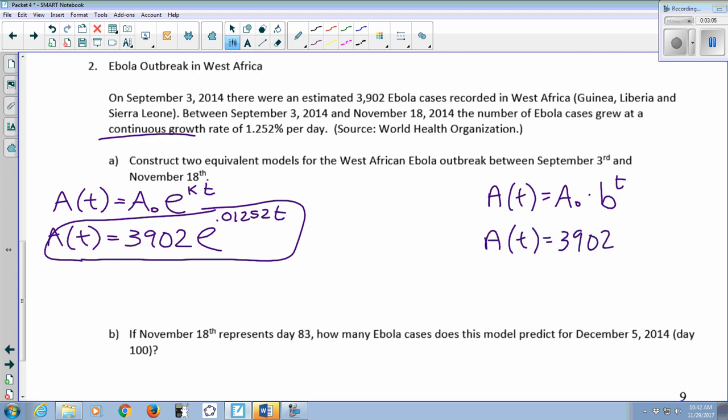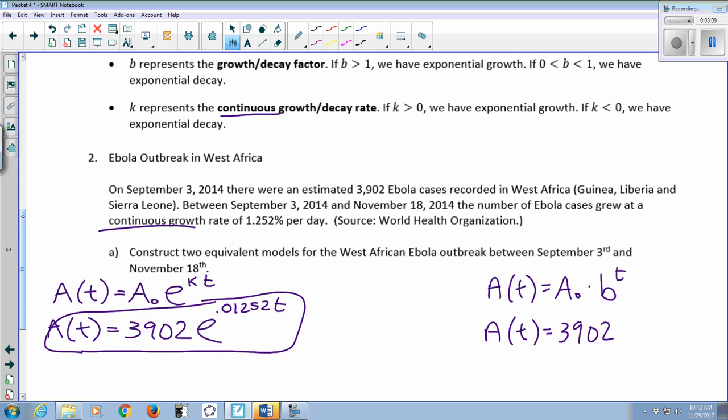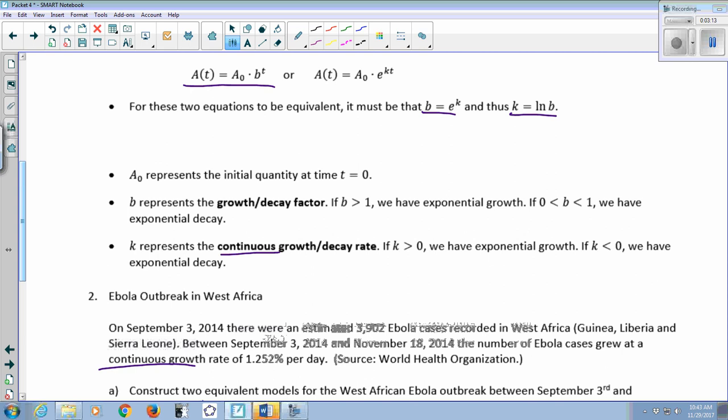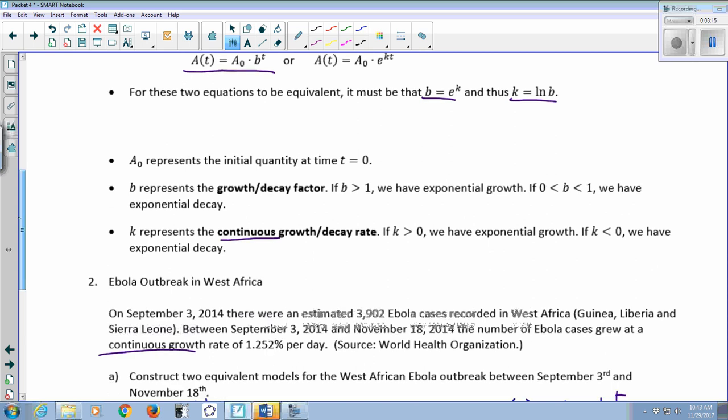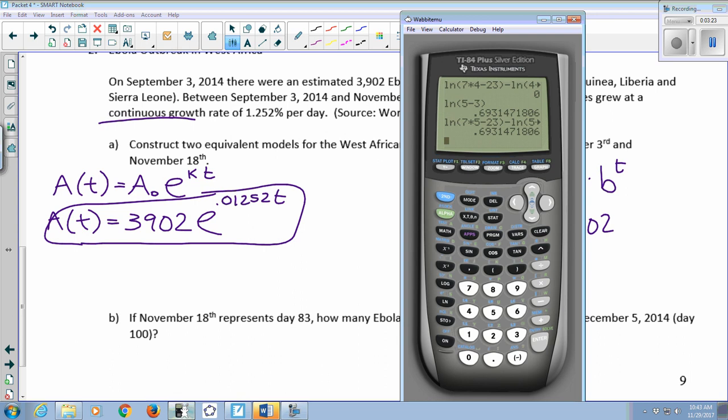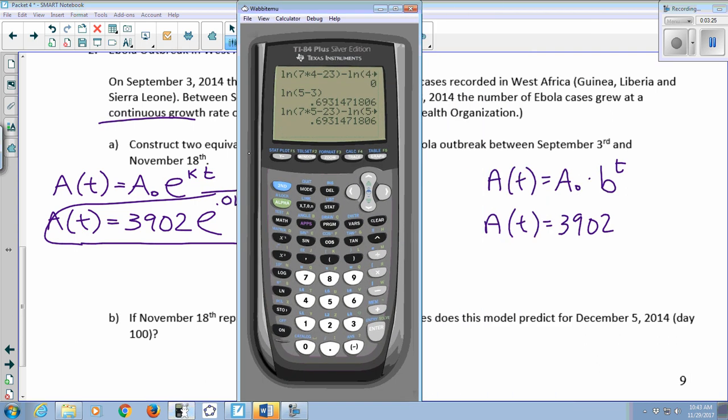But then b is related to k in that, go up to my formulas here, b equals e to the k. So I'm just going to go to my calculator, tap in e to the 0.01252. Most calculators have an e button.